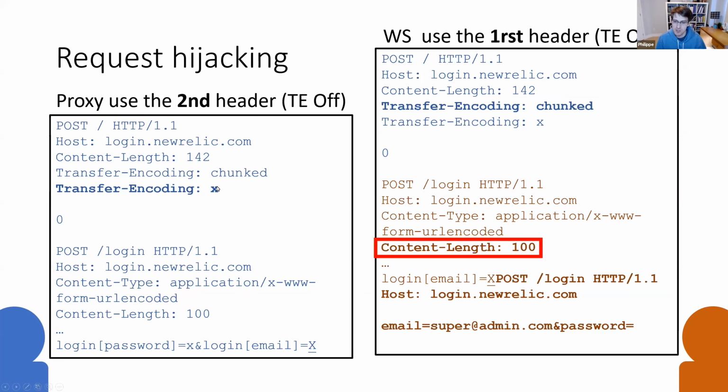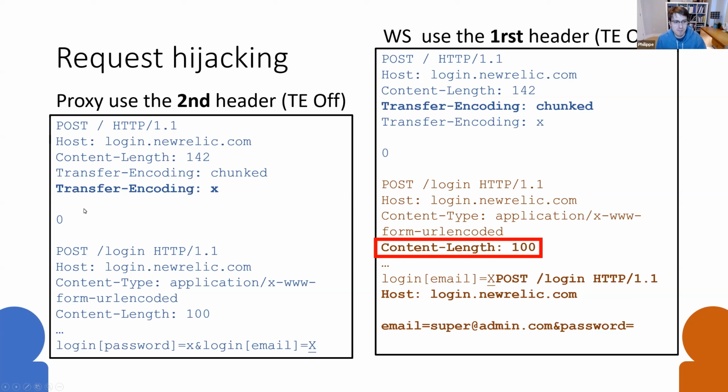And just like the content length example, because we're overriding the value based on the last header that we saw, actually Transfer-Encoding will be ignored. So here, Content-Length will be used because Transfer-Encoding is just seen as invalid.